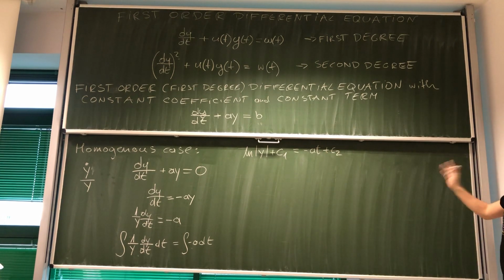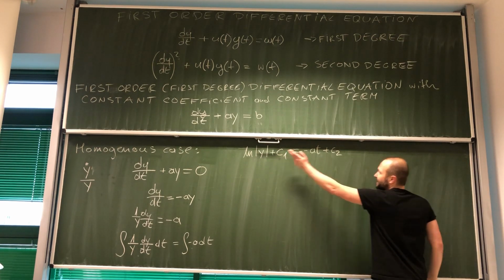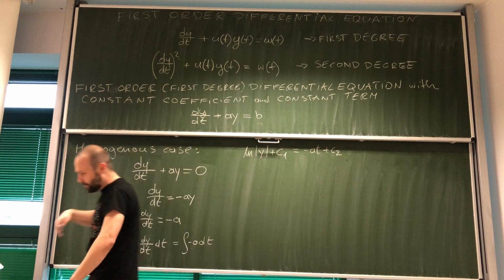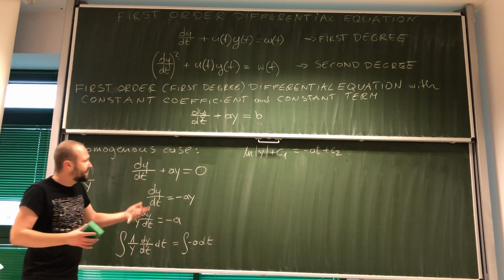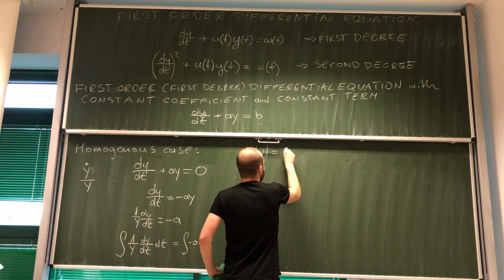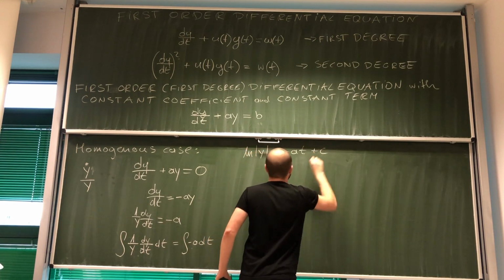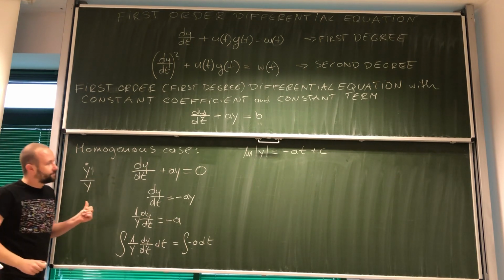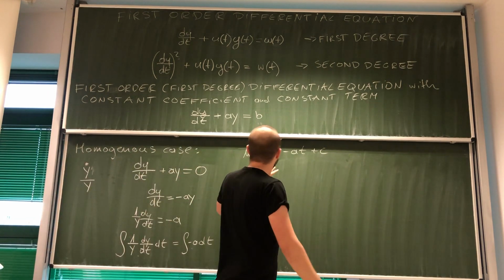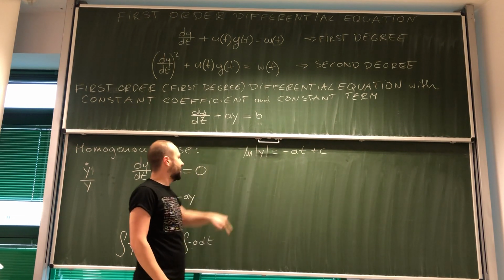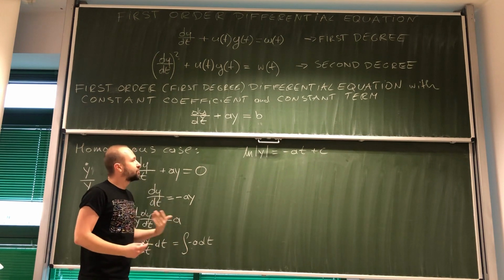Okay, and not to complicate things too much, we know that this is an arbitrary constant and this is an arbitrary constant. We don't know how much they are. So let's just replace them with one arbitrary constant, and we will have just negative a t plus c. Okay, and now look, here is where the situation complicates slightly. Because we have the absolute value of y, we can consider two cases.